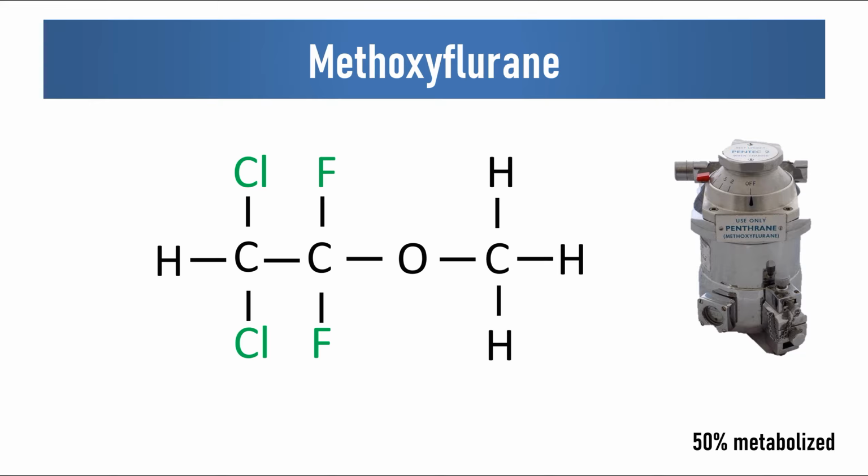Rather than being eliminated from the body directly from the lungs, up to 50% of methoxyflurane was metabolized, releasing fluoride ions. For most patients, this wasn't a problem because it's an extremely potent drug. You don't need a lot of this drug for anesthesia, but for very prolonged cases, the fluoride ions built up and patients could develop a nephrogenic diabetes insipidus.